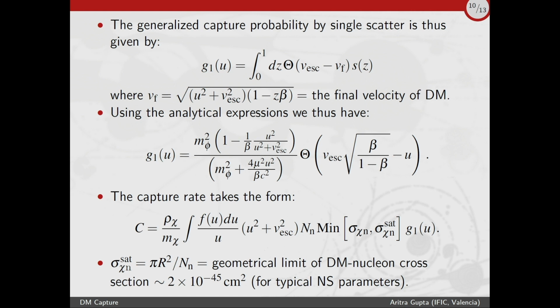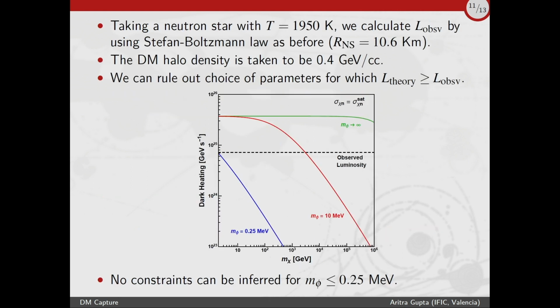This is the geometric cross-section for a neutron star. And we try to derive some bounds in the way that we did for white dwarfs. When sigma is the maximum, which is the geometric cross-section, we tried to calculate the dark heating with a roughly 1000 Kelvin neutron star for different masses of this mediator.